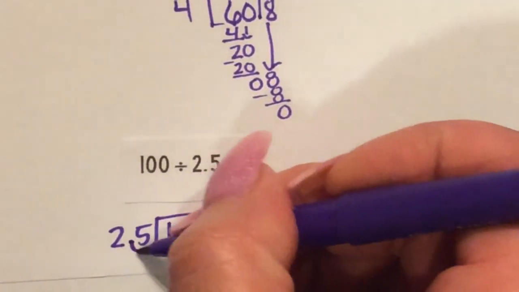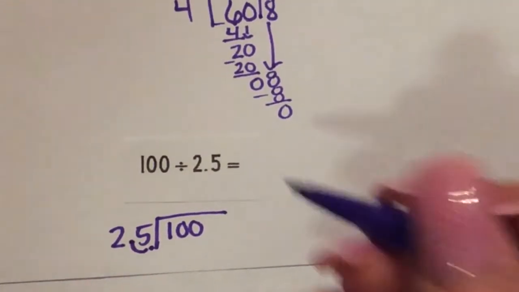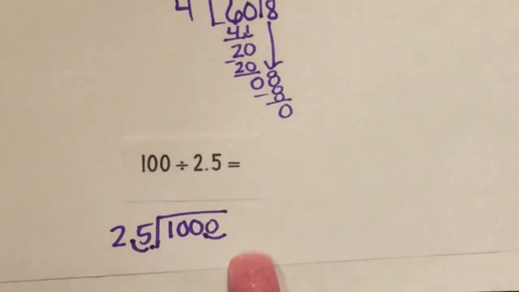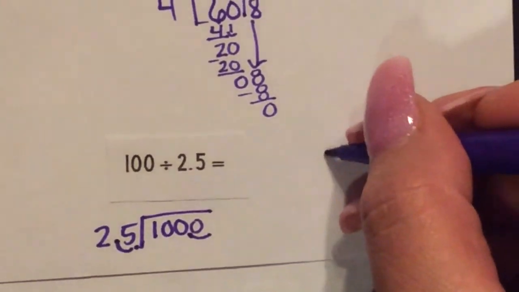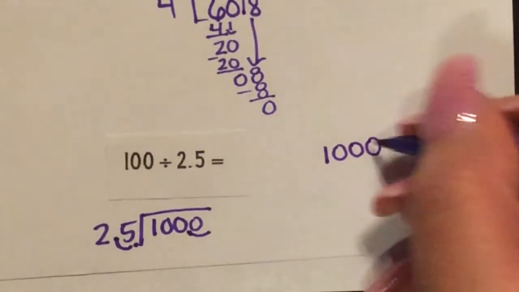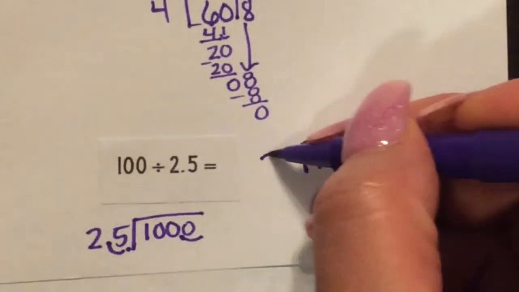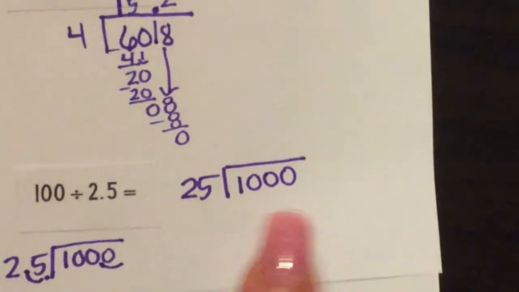We need to make sure this number is a whole number, so we move the decimal once to the right, and we do the same inside the house. So in reality, what we're going to be dividing here is 1,000 divided by 25.